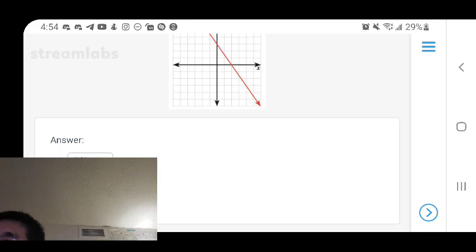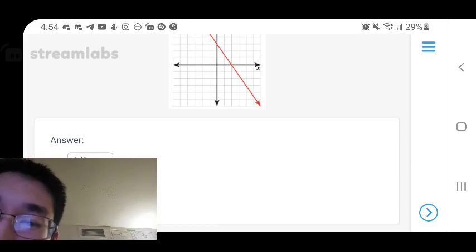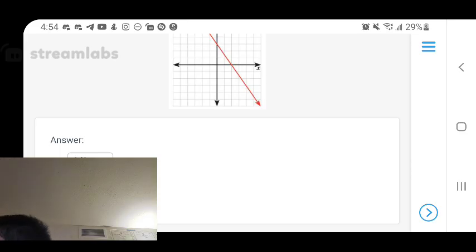Okay. I tried 1 and 1. I tried 3 halves, 1.5, and 1 and 1 half. 12 over 2, 6, 3. I'll just move on.